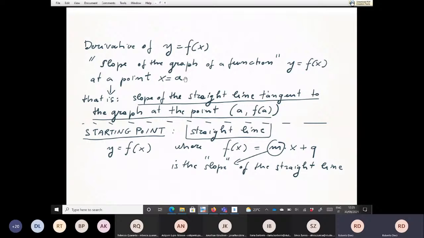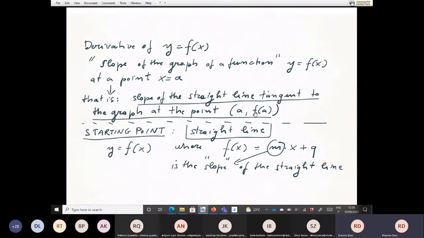What is the meaning of slope of the graph? It has a rigorous meaning. It is the slope of a straight line, and remember that for a straight line, slope has a rigorous meaning because slope is just constant along the whole line. It is the tangent to the graph at the point of abscissa a and vertical coordinate f of a, of course.